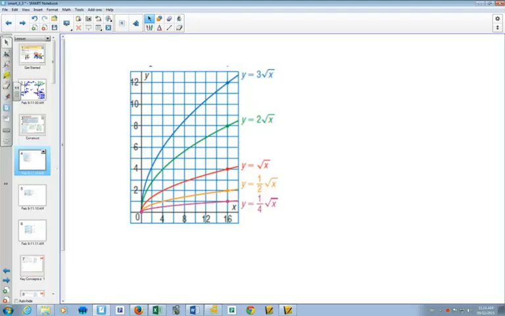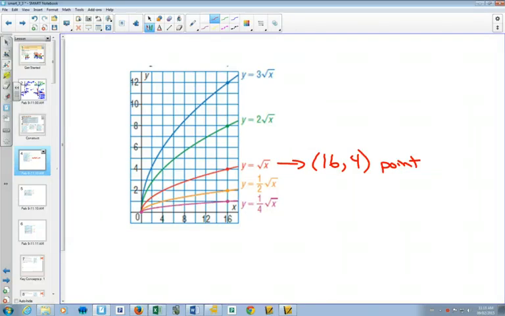And then we see in all of these examples, here is our parent graph, here is our key one, and they've got one point labeled, which is (16, 4). This is our point, and we're going to look at what happens to that point with each of these transformations.